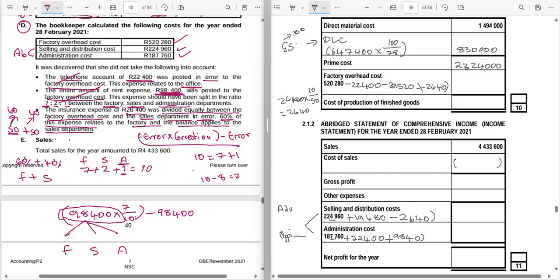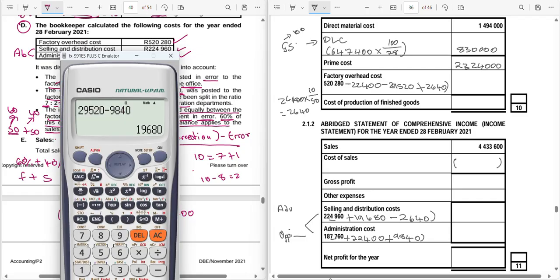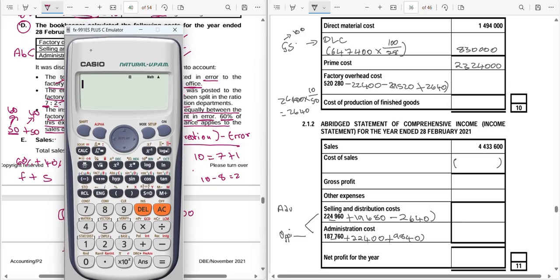Let's check our totals on the factory overhead. Someone calculate selling and distribution for me. Other one calculate administration cost. So the factory overhead is 13,200 multiplied by 10 over 50, not 26,500.